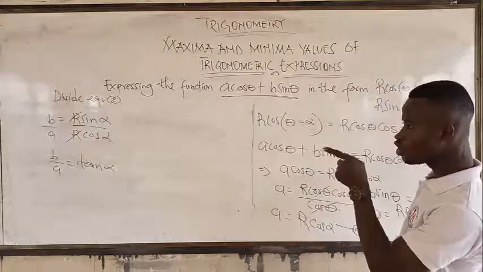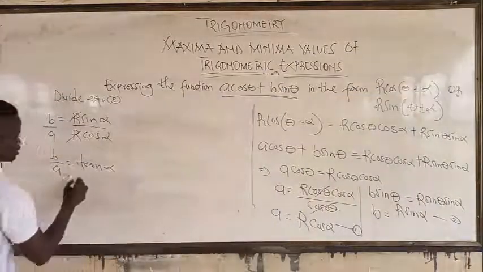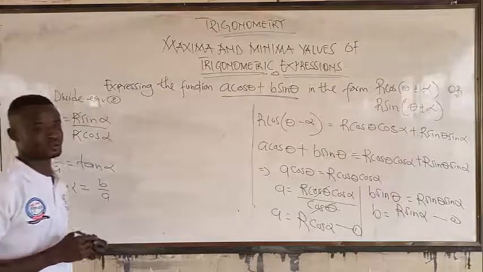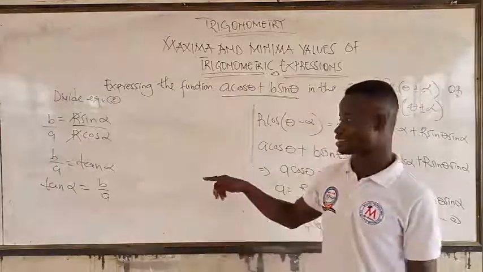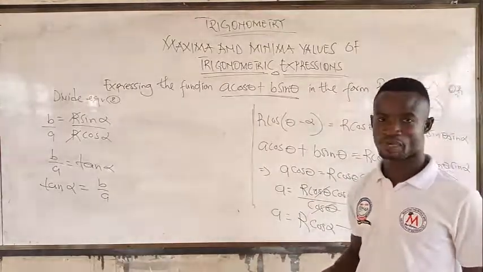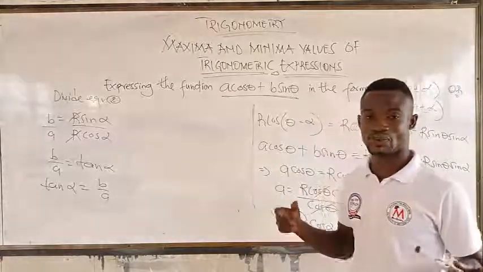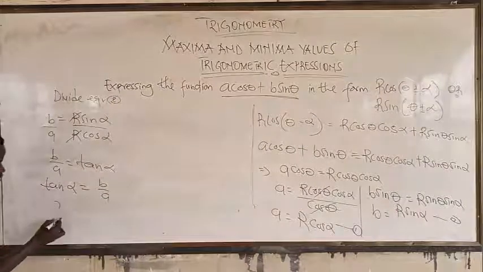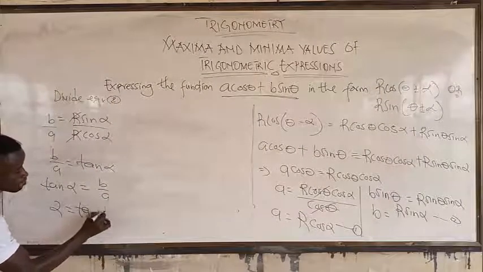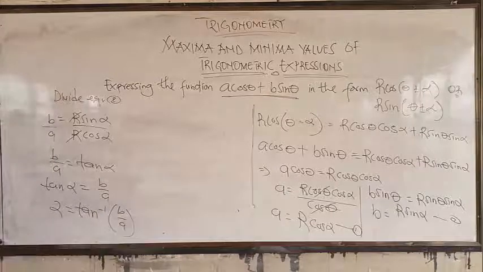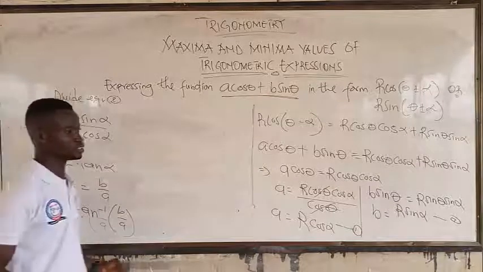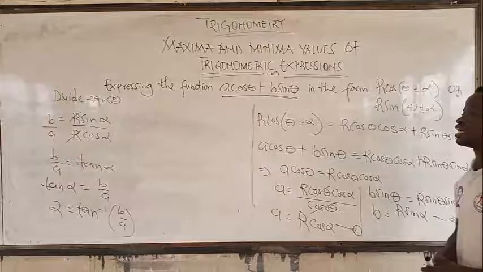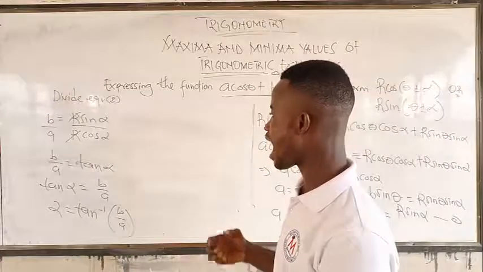So from what we have, tan alpha is equal to B over A. In order to get alpha, you take the tan inverse of both sides, and you get alpha to be equal to tan inverse of B over A. So this establishes how we find the alpha. All this procedure is to help you get the alpha.